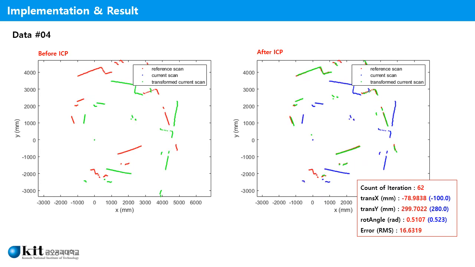The final result, after 162 iterations, the RMS error becomes about 16.6. It is also less than the given threshold value of 50. It also takes longer than the first and second cases because it contains rotational changing.